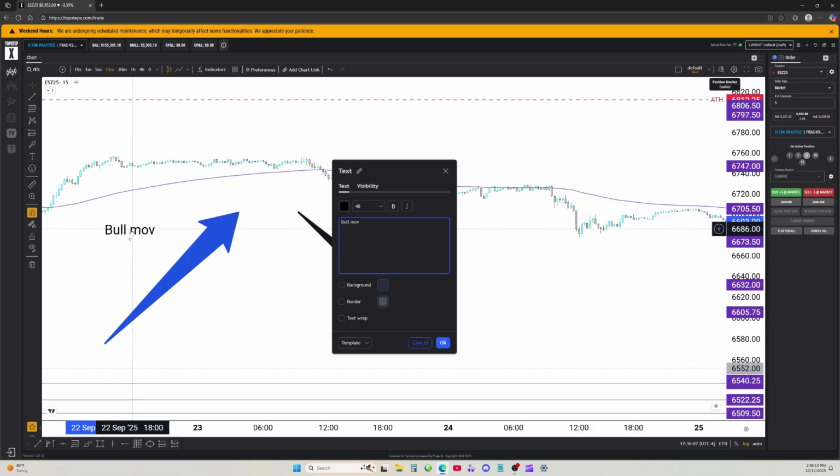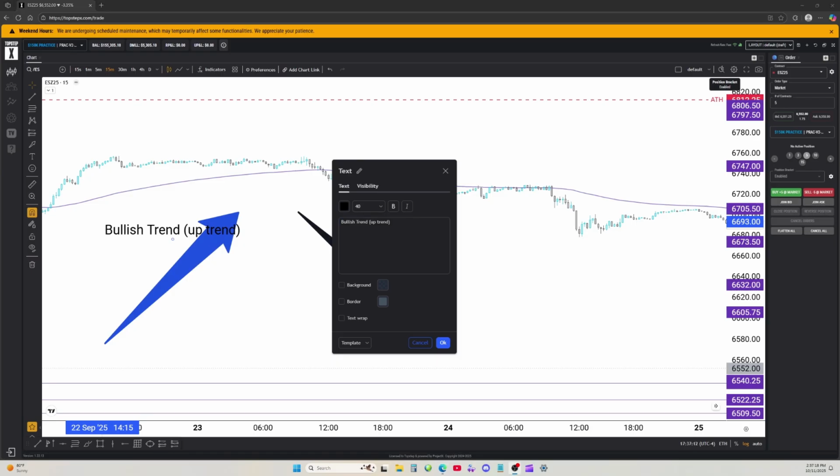So we'll do a bull trend. Uptrend. We'll just do uptrend. Right? We'll do bullish trend. Bullish trend. Uptrend.